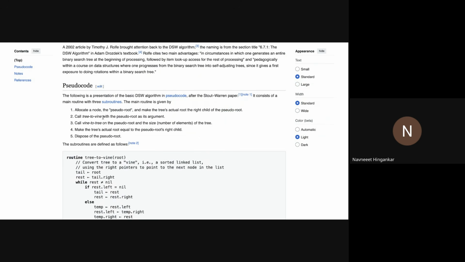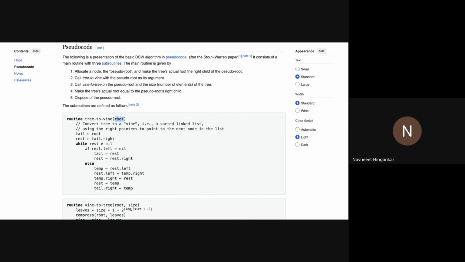Call tree to vine with the pseudo root as its argument. Call vine to tree on the pseudo root and the size. Make the tree's actual root equal to the pseudo root's right. Dispose of the pseudo root.